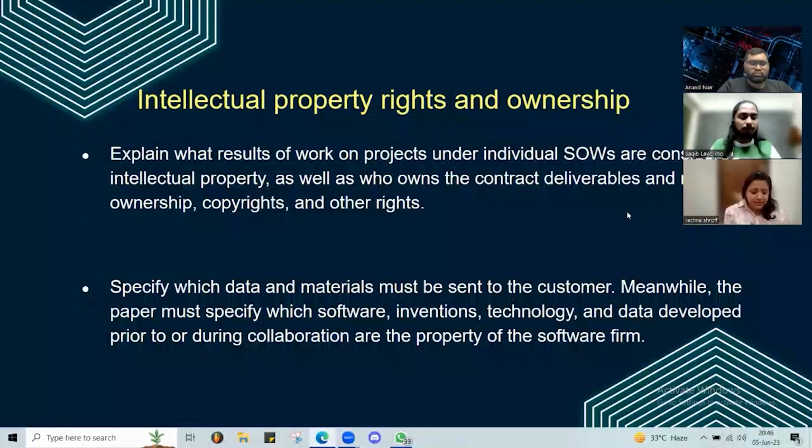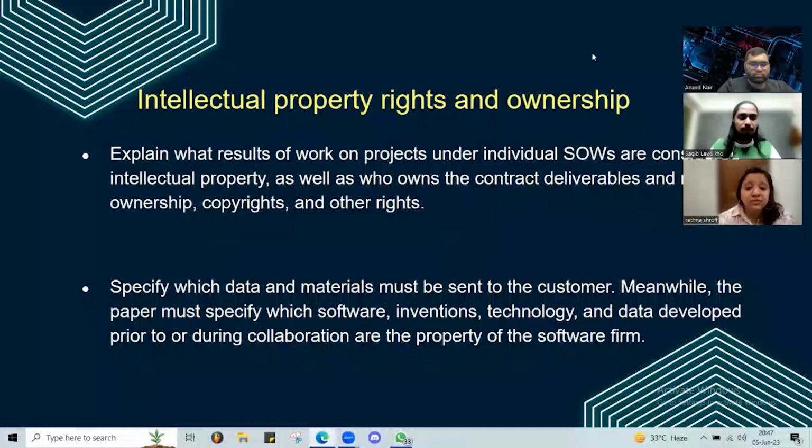Usually it is owned by, no, it's not usual. At times it stays with the person who was creating it, and at times it is with the person to whom you are delivering the project. But an intellectual property right and ownership clause has to be there, just like any other agreement. I'll read this.